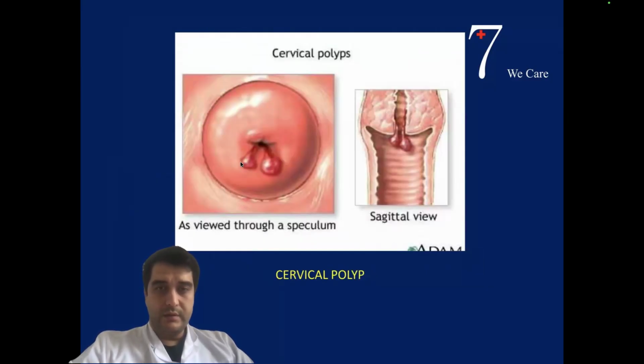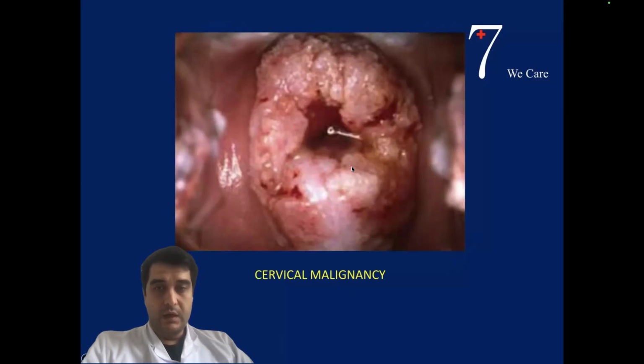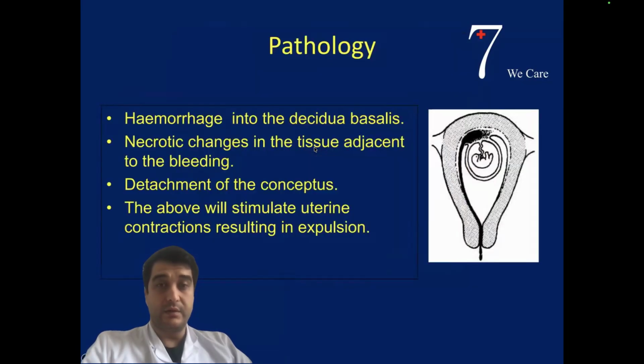In this case, you can see cervical polyps, also located inside the cervical os in endocervicitis, with polyps growing through the external cervical os. In this case, you can see a malignancy, cervical cancer. In this case, you can also have bleeding from the cervical canal.